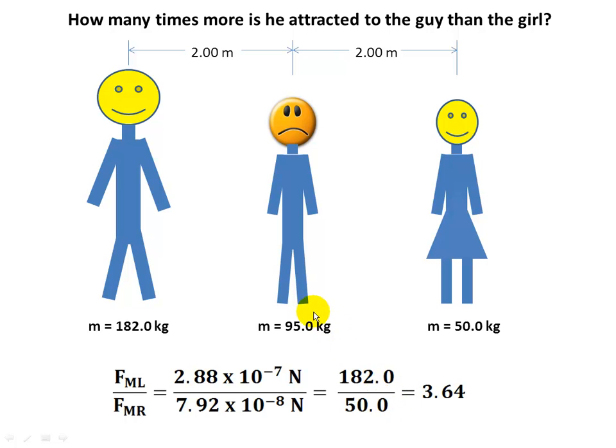If you compare the force of attraction of the guy in the middle to the girl to the force of attraction of the guy in the middle to the guy on the left, you'll see that the ratio of the masses of the guy on the left and the girl on the right is responsible, according to Newton's law of gravity, for the change in that gravitational attraction. It's directly proportional. The ratio of the forces of attraction is directly proportional to the ratio of their masses.